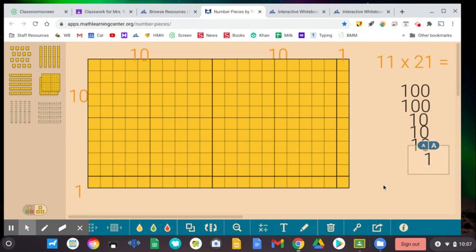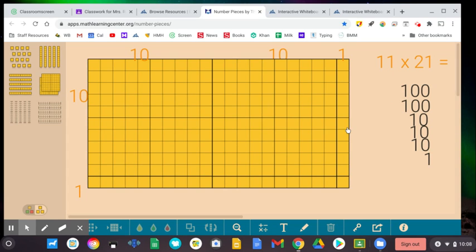And when we add all of that up, we have a 1 plus 10 is 11, plus 10 more is 21, plus 10 more is 31, plus 100. 31 plus 100 is 131, plus another 100 is 231.